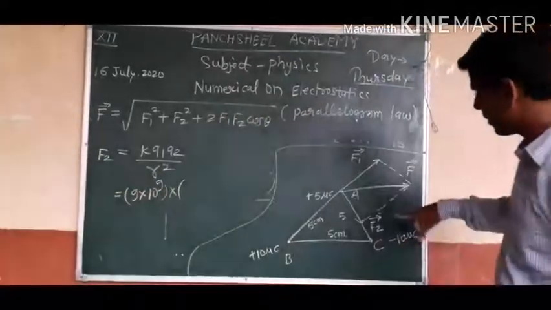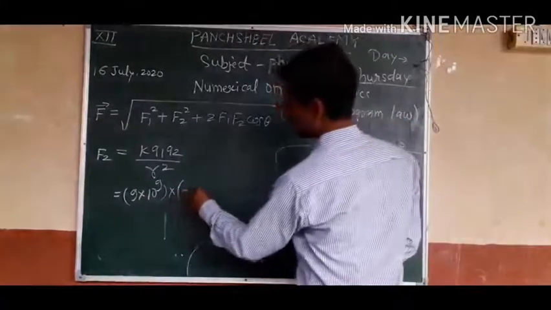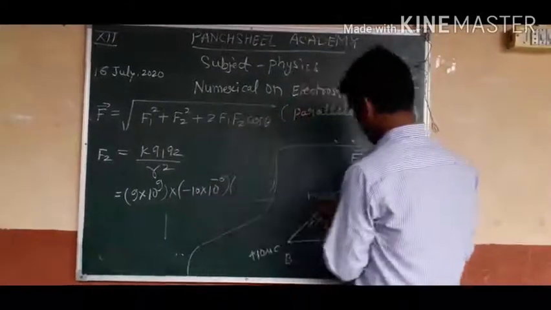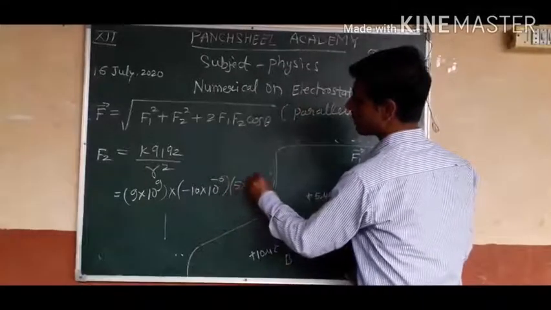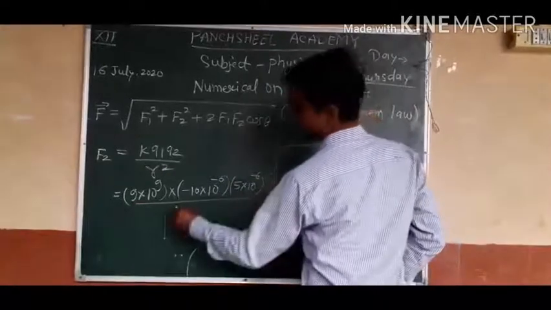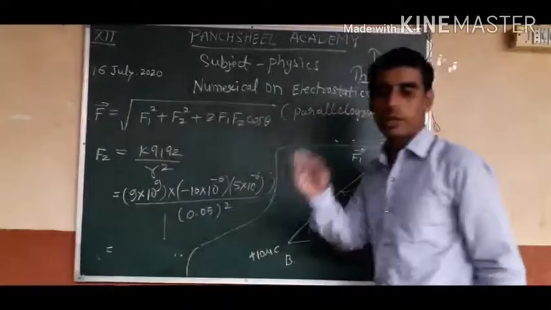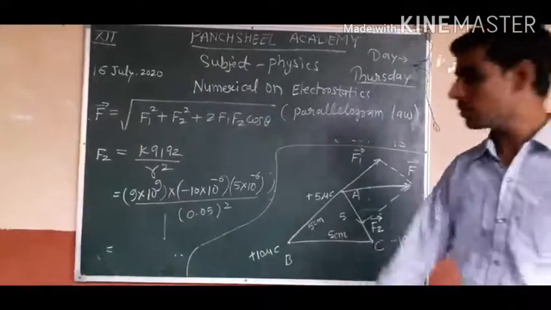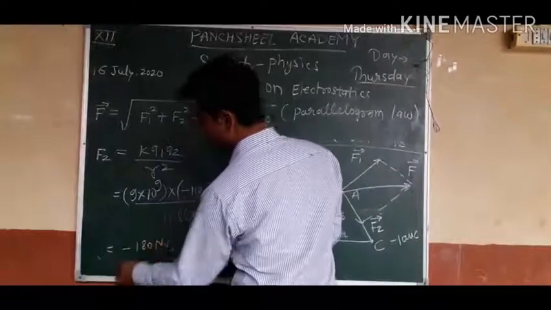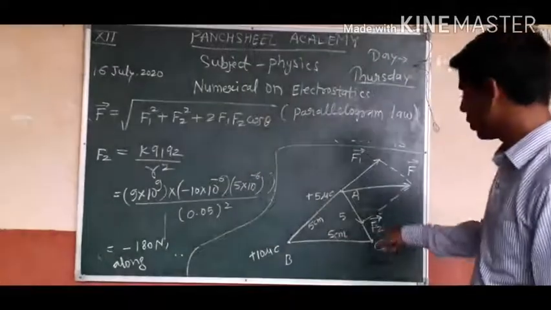This is F2, so this is Q1 and this is Q2. So minus 10 into 10 to the power minus 6 and 5 into 10 to the power minus 6, divided by R square, 0.05 whole square. If you calculate this value, then you will also get minus 180 Newton. What is the direction? Along AC.